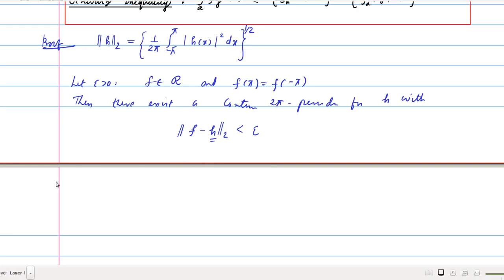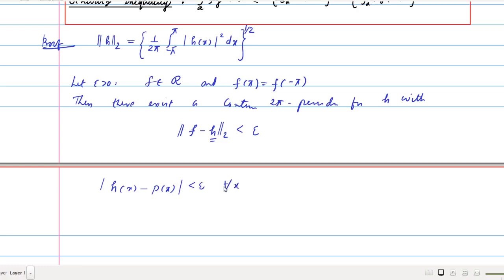Okay, so corresponding to that epsilon, we take this h as the continuous 2π periodic function. Then using the previous theorem 8.15, there exists a trigonometric polynomial, say p of x, such that this modulus of this quantity is less than epsilon for all x.